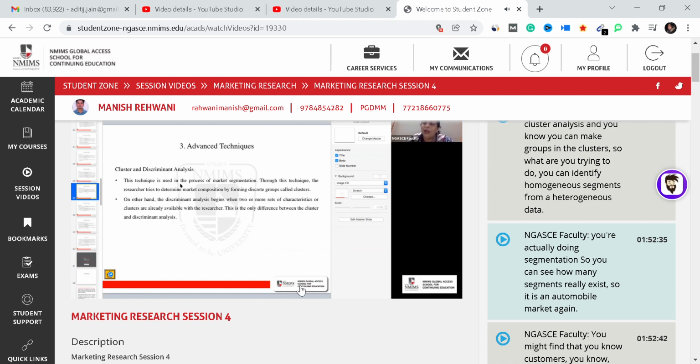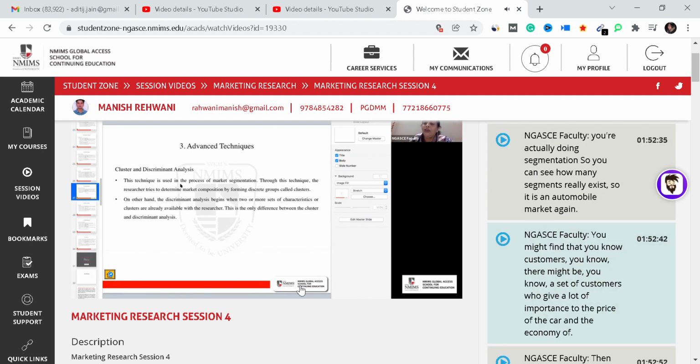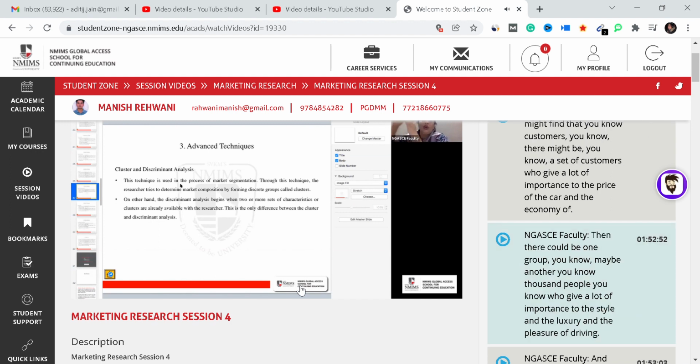So it is an automobile market again. You might find a set of customers who give a lot of importance to the price of the car or the economy of the car. Then there could be another group, maybe another 1,000 people, who give a lot of importance to the style and the luxury and the pleasure of driving of the car.